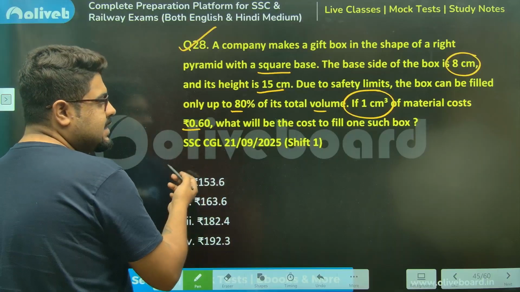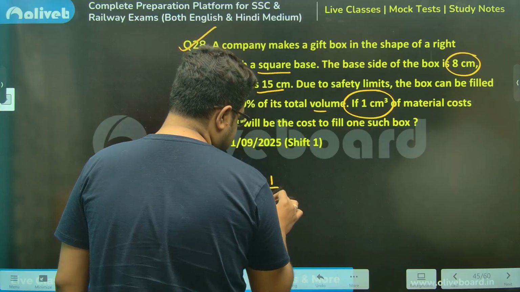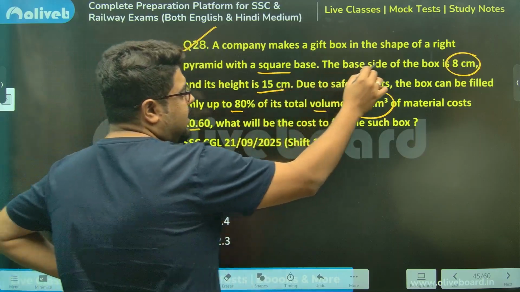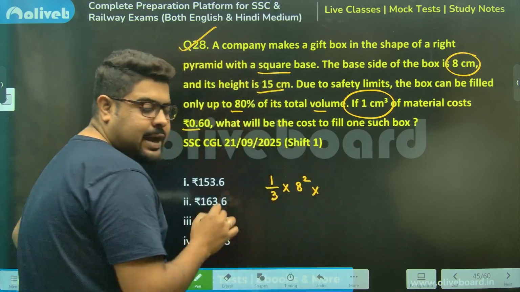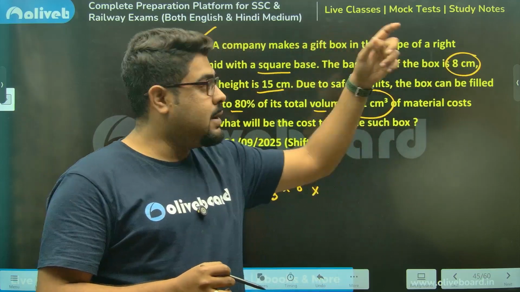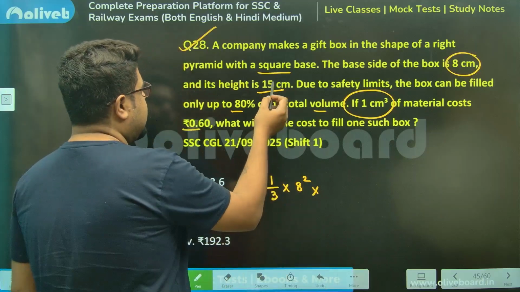One thing we can do. Achha, sir, 1 by 3 into area of the base. Area of the base will be 8 squared, because it's a pyramid and the base is a square with side 8. Then 8 squared into height, which is 15.